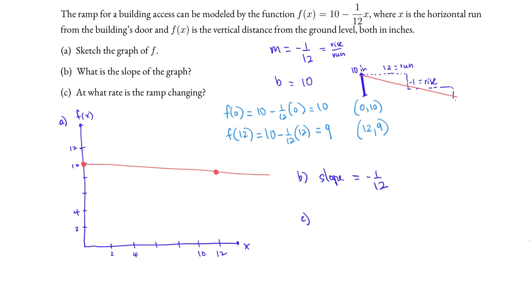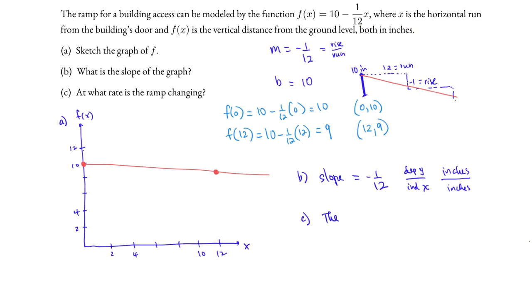The slope is the rate, so it is the dependent variable y over the independent variable x. The unit for f of x is inches, and the unit for x is also inches, but in this case we will not cancel the inches over the inches because this is the unit. We were told that both of these are in inches.